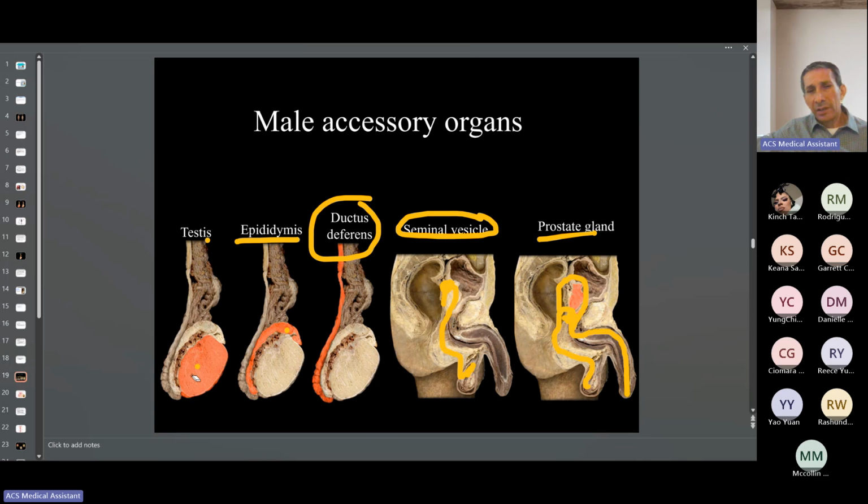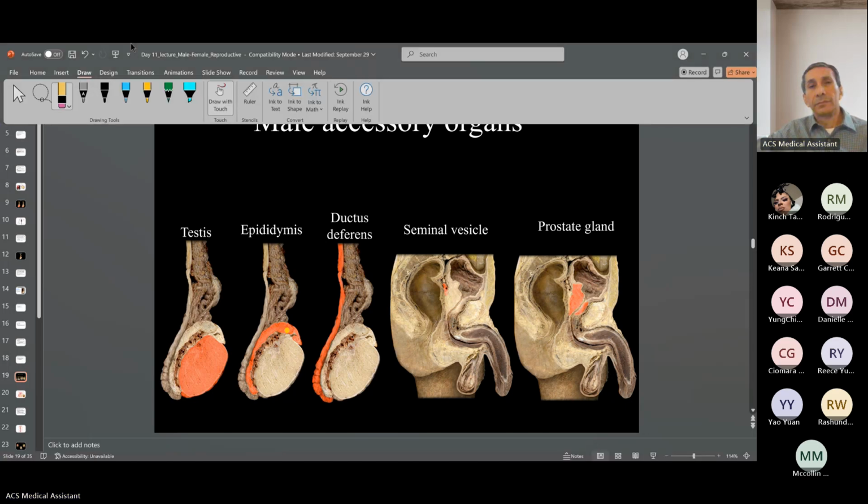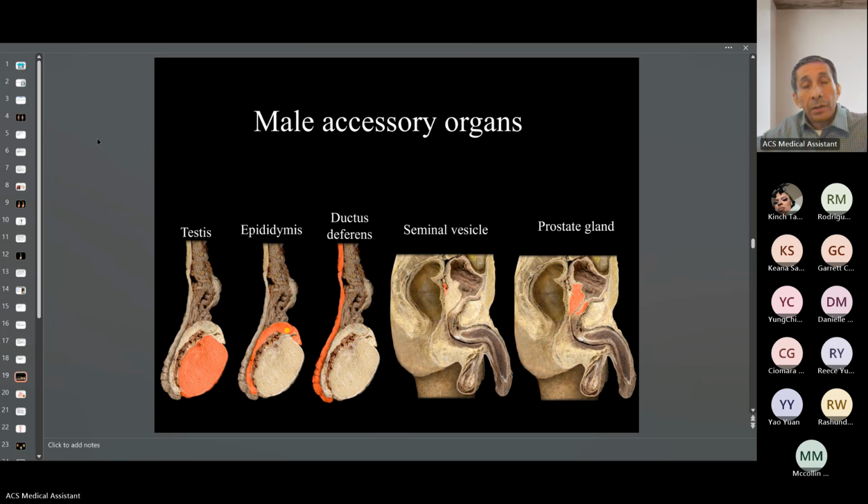So that is basically the function of these glands, to provide all these secretions so the sperm can move from the testes all the way up to the inguinal area and down through the external male genitalia to the outside. Any questions about these male accessory glands and organs?